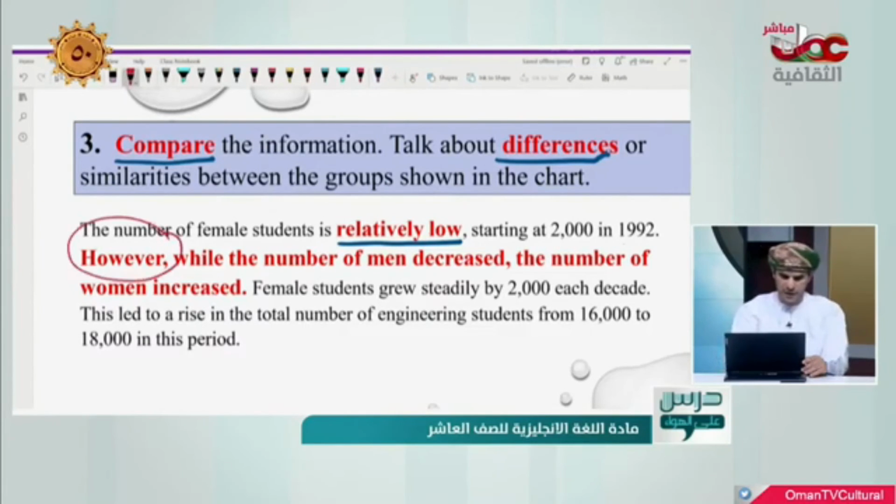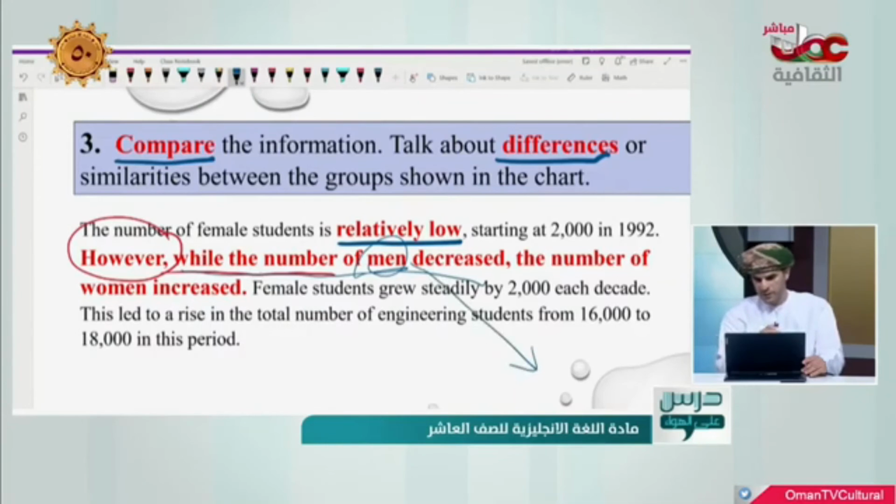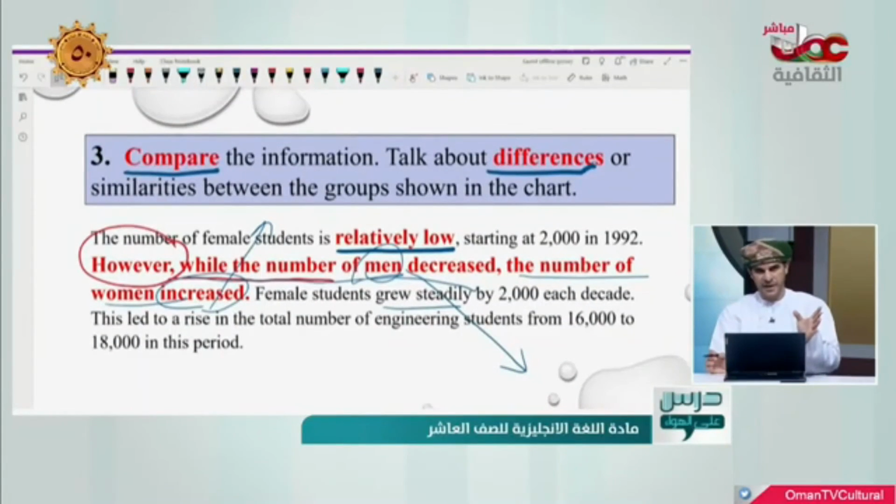While the number of men decreased, going down, the number of women increased. There's a difference between the number of men and the number of women, so you are making a comparison. Female students grew steadily by 2,000 each decade. So step 3 is to compare and contrast and talk about differences.